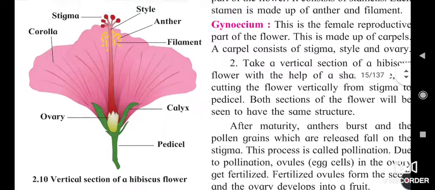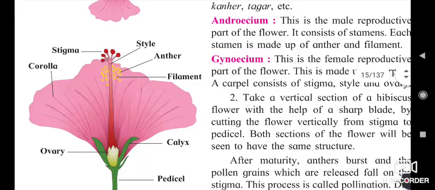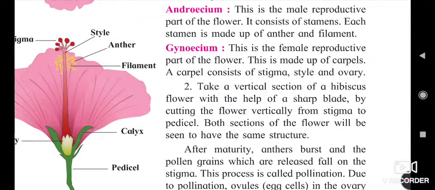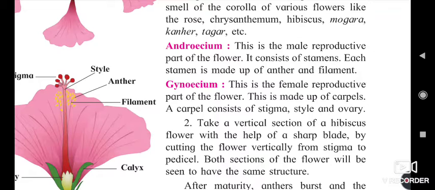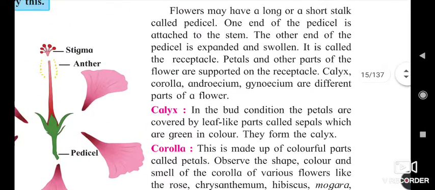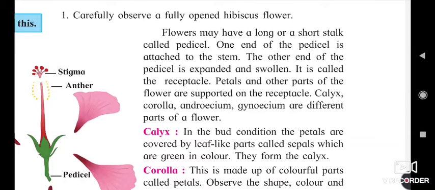On that ovary there is a filament, anther and style, and on the top of that style there is a stigma which attracts the flies or insects towards this flower, through which pollination is done.